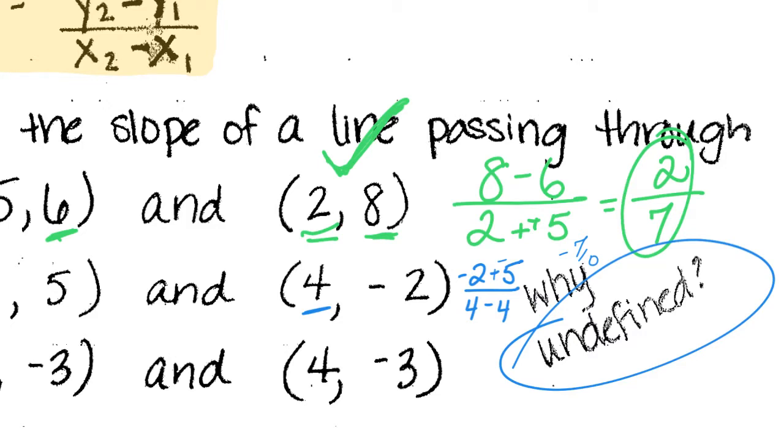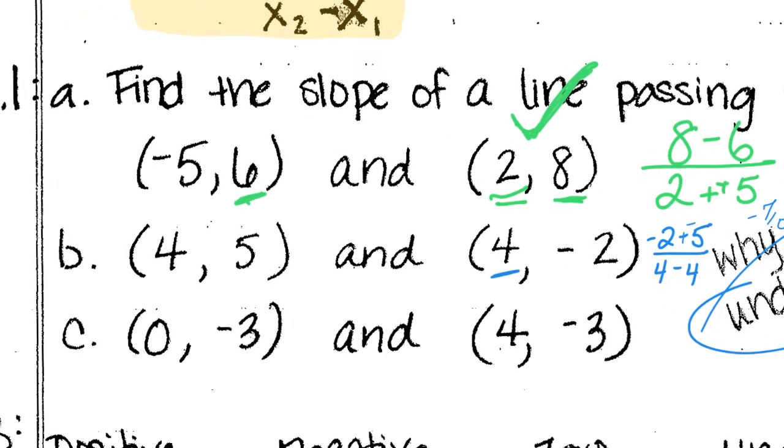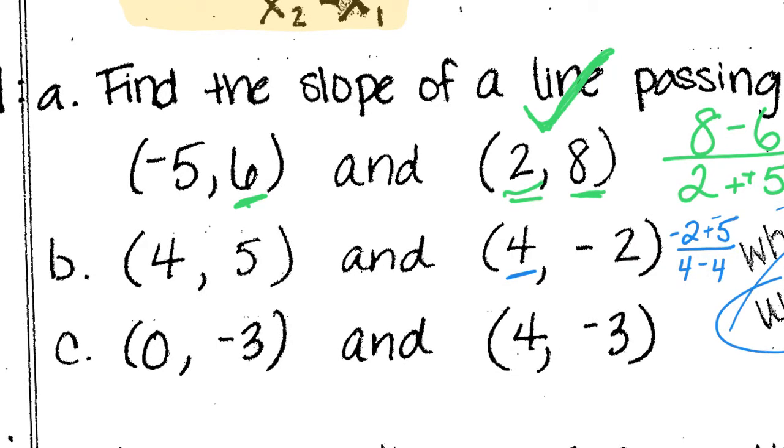Is that going to be a horizontal or a vertical line? A vertical line. Very good. So what do you guys think the next one's going to be? Horizontal. You are so smart. So to set this one up, I'm going to do change of y, negative 3 minus a negative 3 over change of x.